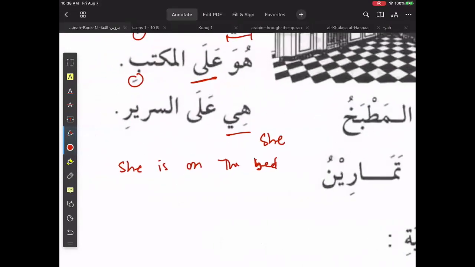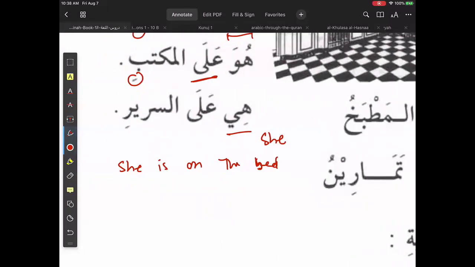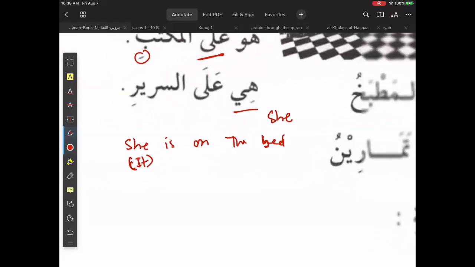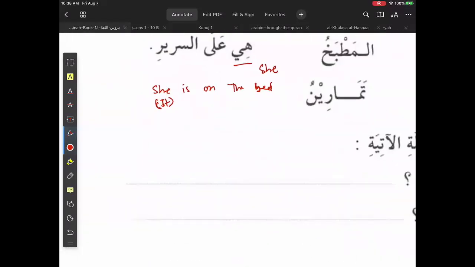Does it make sense to say she is on the bed? Of course not. It would mean it is on the bed. So note that both huwa plus hiya can both mean it.